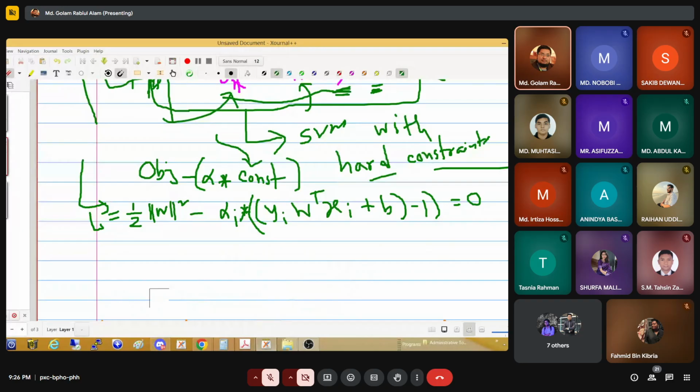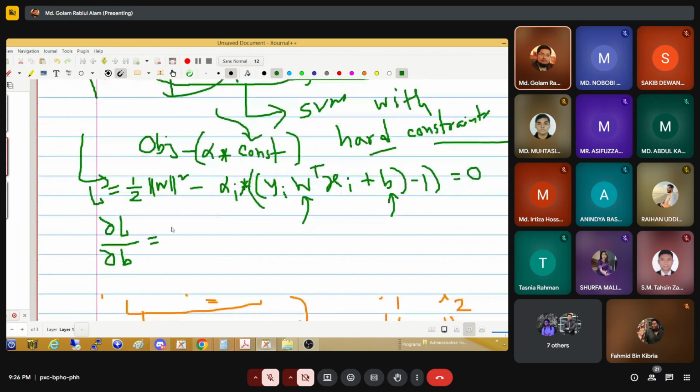At first we can take the derivative of this equation with respect to B, and then with respect to W. So at first, take the partial derivative of L with respect to B. What will be the value for that? We are taking the derivative with respect to B, so W in that case is constant.